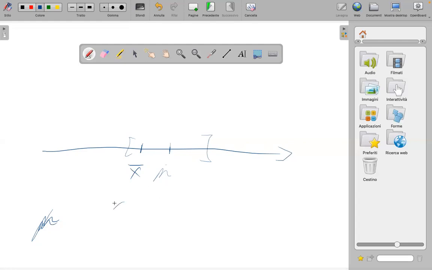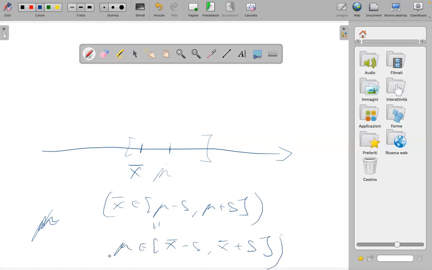It is the same thing that x bar is in the interval mu minus delta, mu plus delta. It is equal to the event that mu is in the interval x bar minus delta, x bar plus delta. So here x bar is random, here the interval is random.